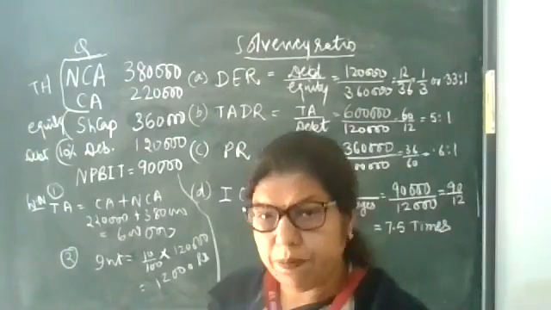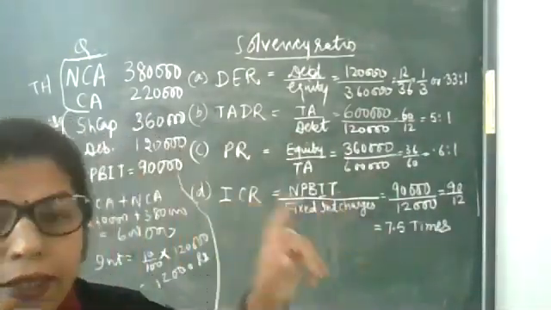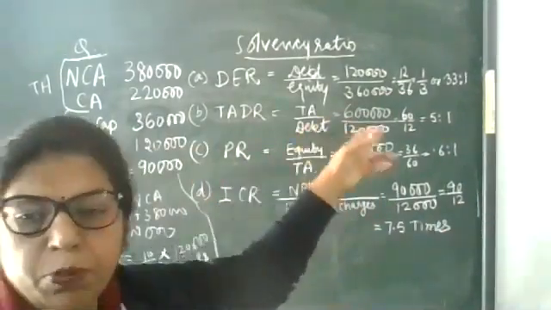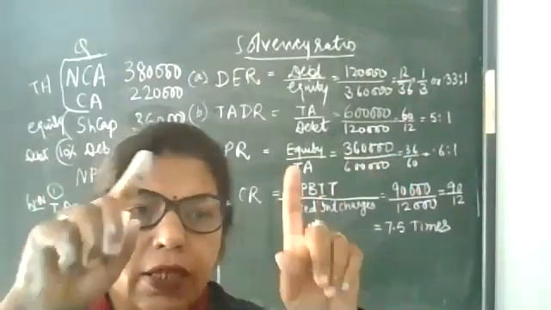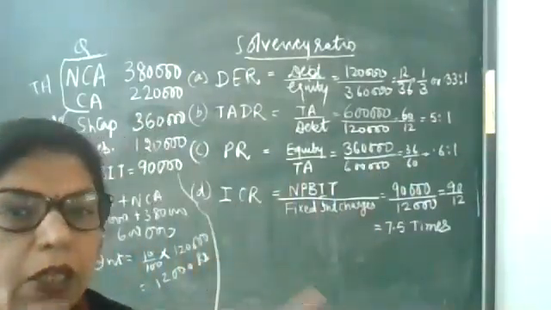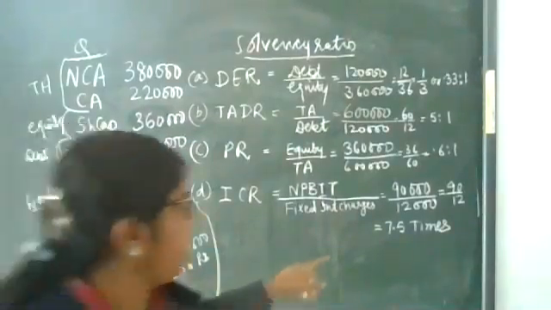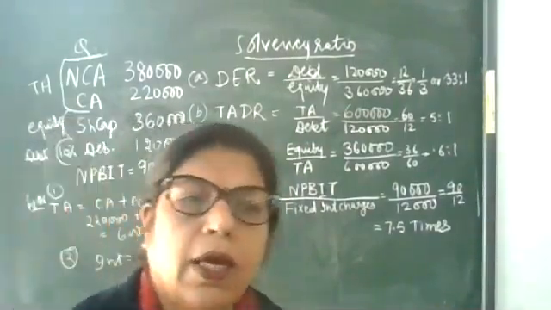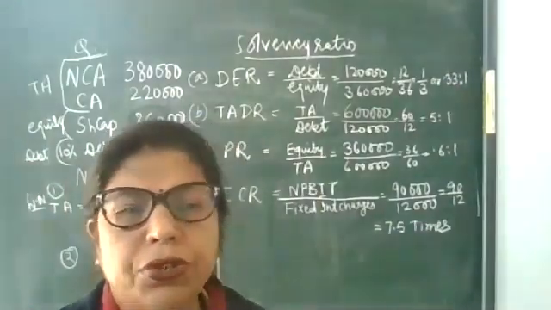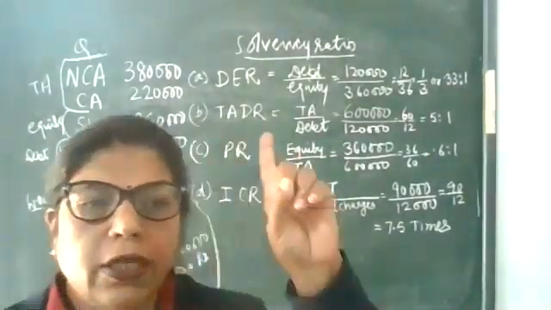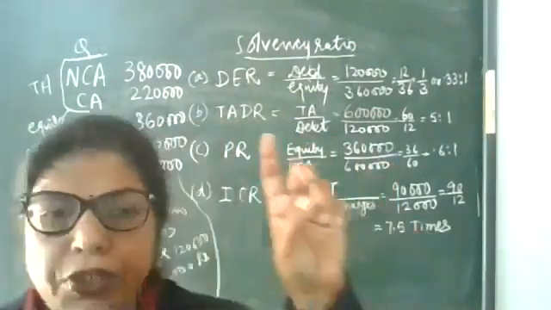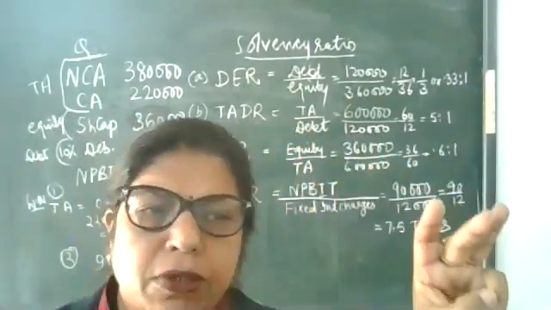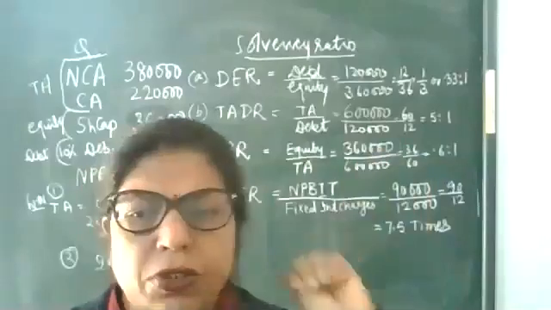So in this type of questions, you will see the debt equity ratio, total asset to debt ratio and proprietary ratio. We will show the answer in is to ratios. But for interest coverage ratio, we have to give the answer in times. Like activity ratios or turnover ratios, we show the answer in times, like inventory turnover ratio, trade receivable turnover ratio, trade payable turnover ratio, working capital turnover ratio.